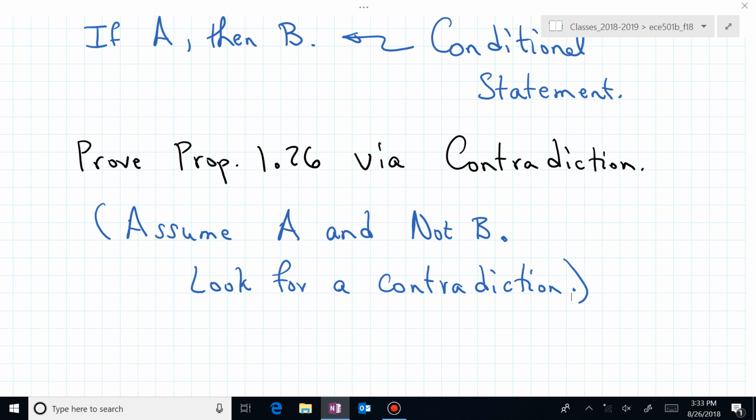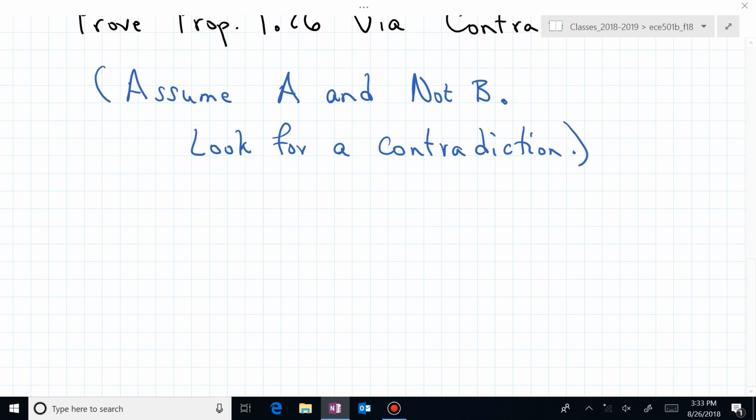Making that assumption of not B, we want to look for a contradiction. So let's go ahead with our proof.